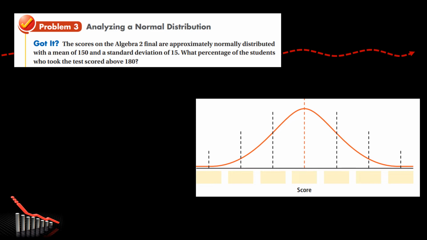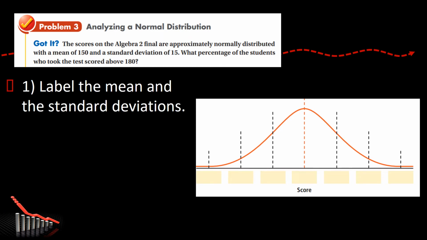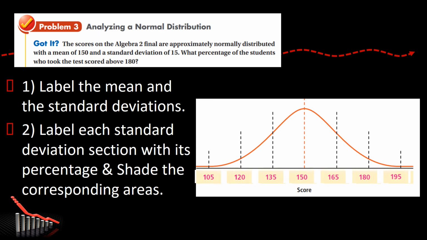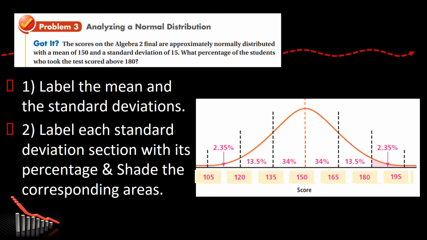Okay, so I hope you've got it. The first thing we're going to do is label the mean and the standard deviations. What I've done is I've just added and subtracted 15s because 15 was given as my standard deviation. Next, I'm going to label the percentages within the section of the normal curve and shade the corresponding areas.